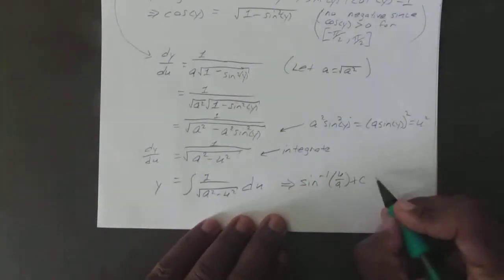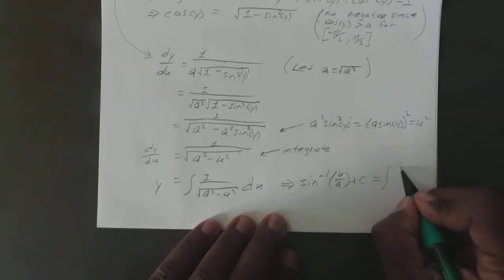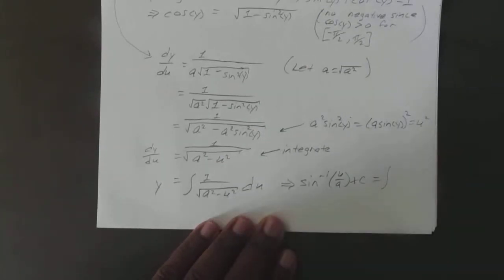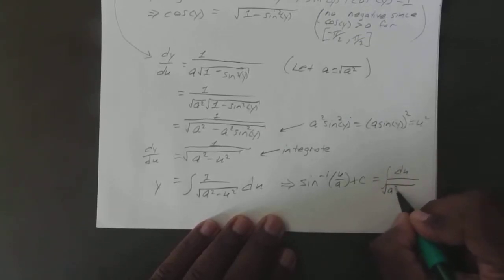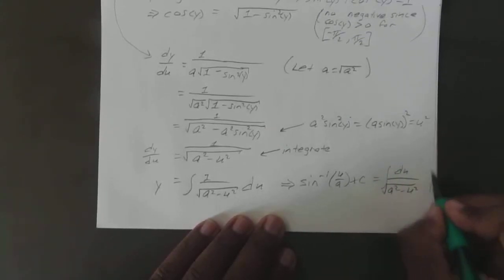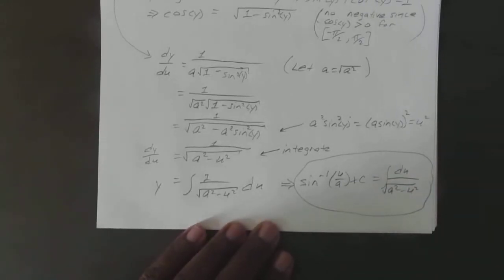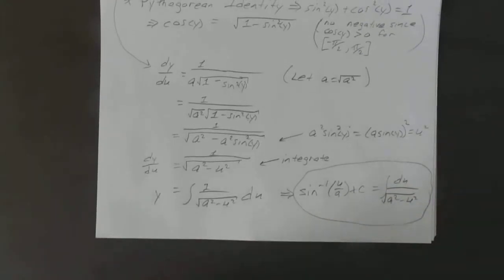So our sine inverse of u over a, and you can say plus c, is equal to the integral du over square root of a squared minus u squared, which is how we got the formula. And the others are pretty much the same way.